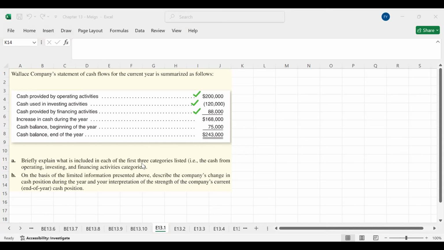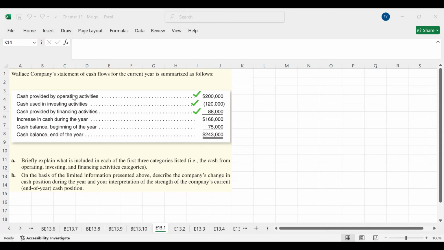If we explain it further, then the operating activities section generally includes cash from and use for those transactions that are included in the determination of profit, or you can say this is the cash from the core business activities. Then the second one is cash used in investing activities.